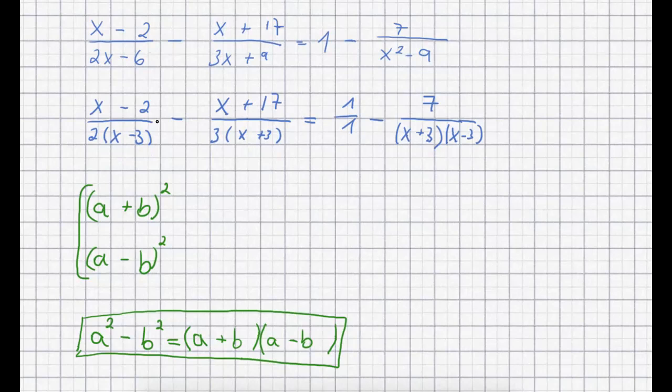Okay. So the common denominator would be 2 times x minus 3, I would say, like in brackets, and 3 times x plus 3.